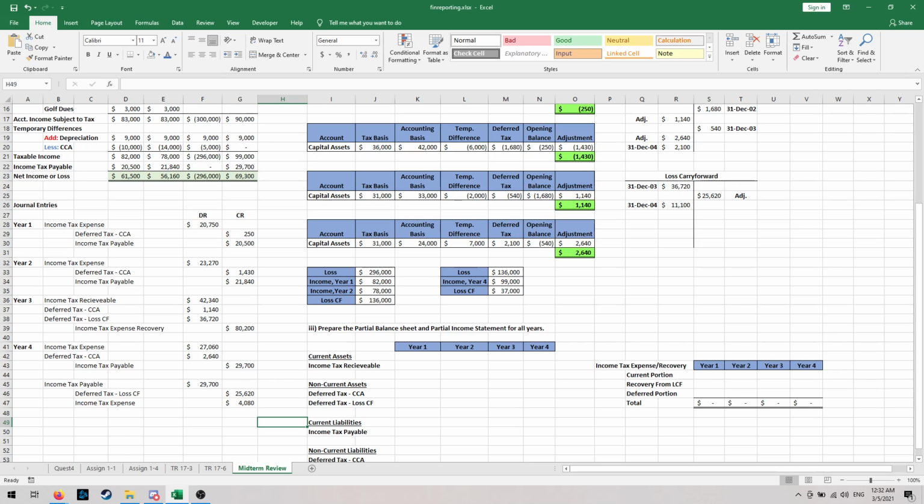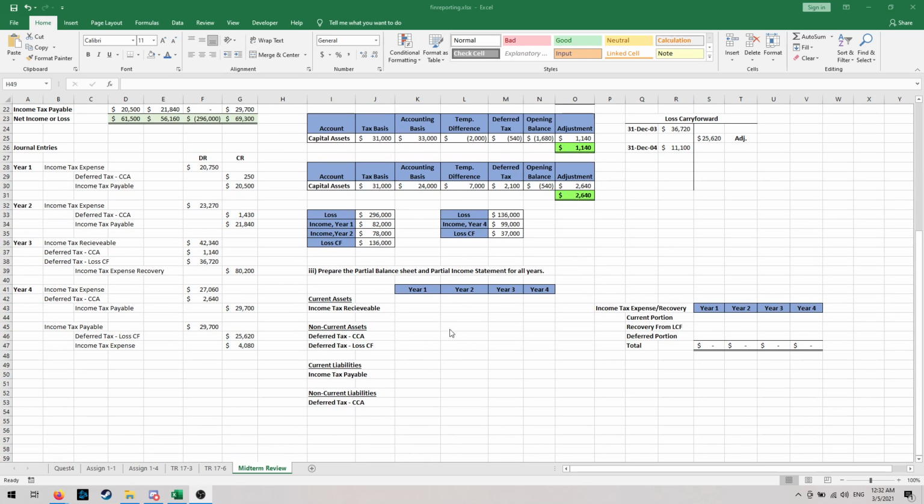So finally, what we're asked next is to do the balance sheet and the partial income statement for all years. And I'm just going to kind of go through this sort of slowly, just so hopefully it makes sense. So we'll do it 1 year at a time. So in year 1, we have no income tax receivable.